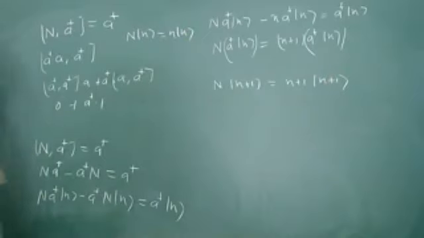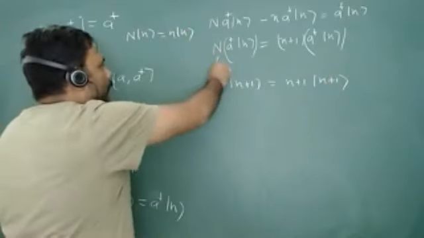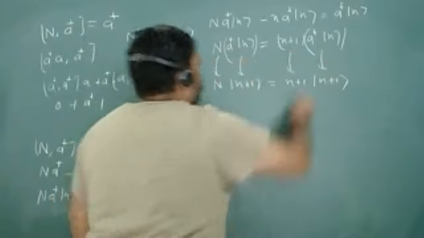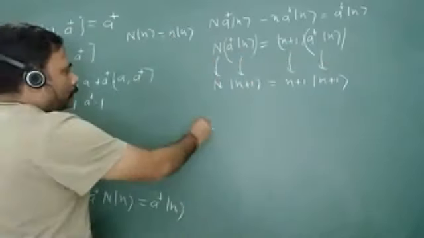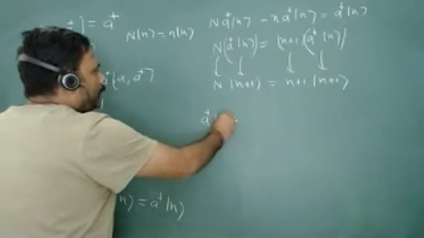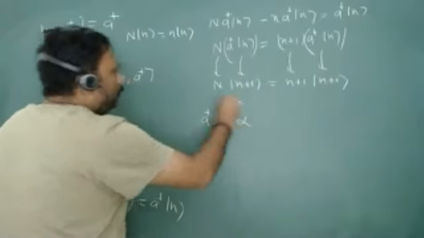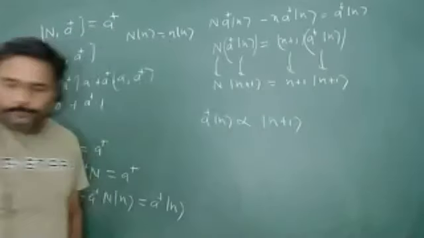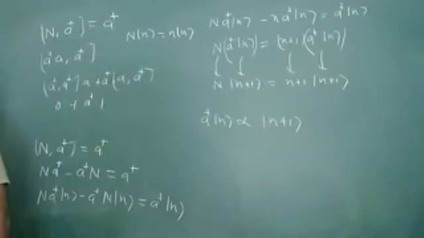So what we can do, we can again compare the thing. What is the conclusion? The conclusion is A dagger n is proportional to the state n plus 1.